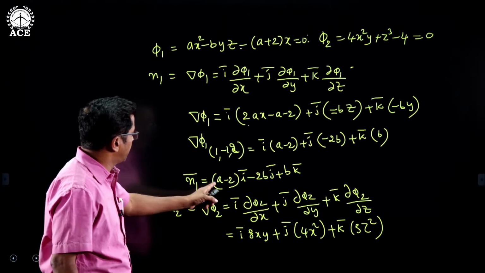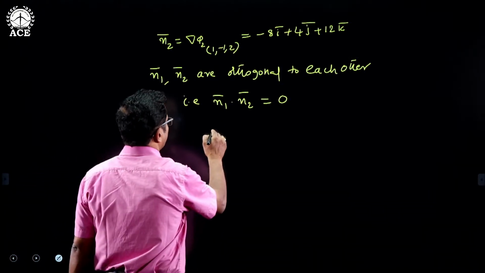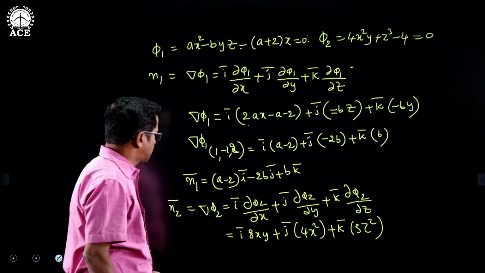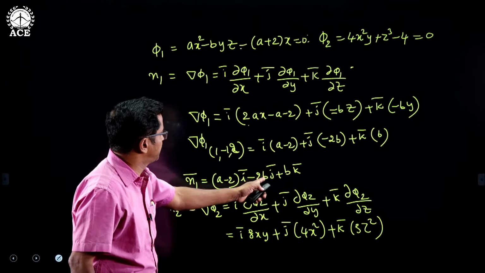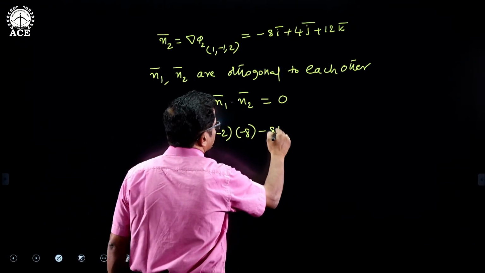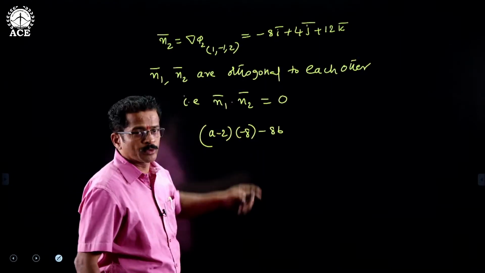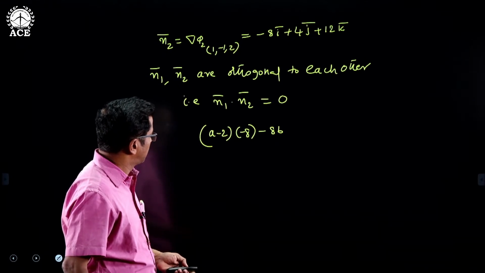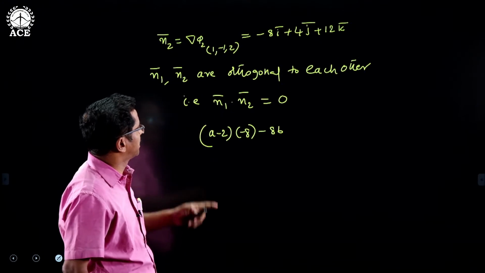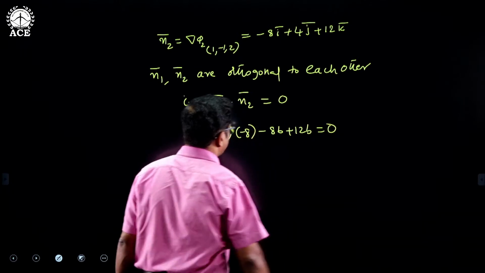Now n1 bar, a minus 2 i bar dot minus 8 i bar means a minus 2 into minus 8. Next minus 2b j dot plus 4 j means minus 8b. Next plus b k bar dot 12 k bar means plus 12b is equal to 0.